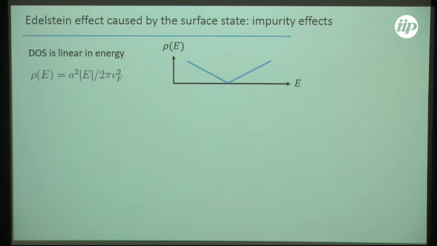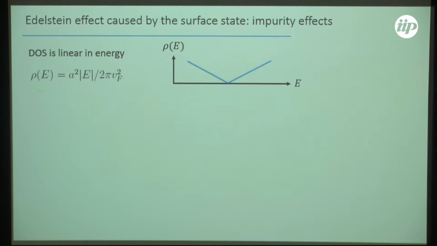Moreover, I would like to emphasize that the Edelstein effect here is quite different from the usual Edelstein effects in the 2DEG or in any metallic thin films, for a simple reason: the density of states is linear near the Dirac cone. This is also, of course, well known in graphene since they studied the transport in the early days.